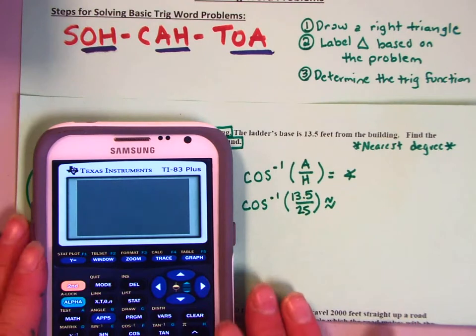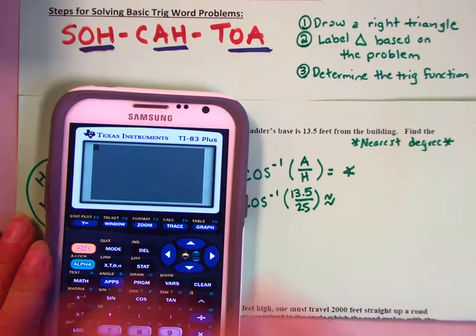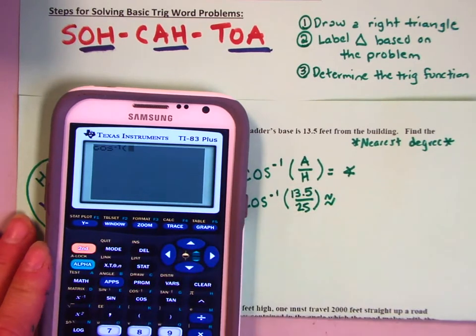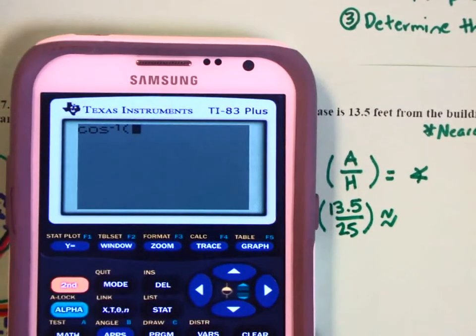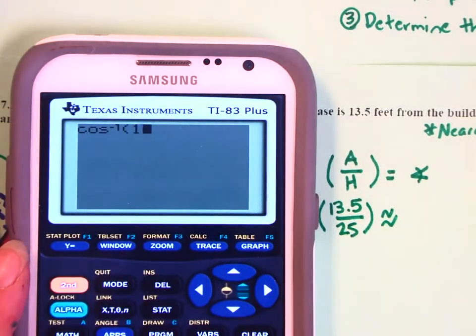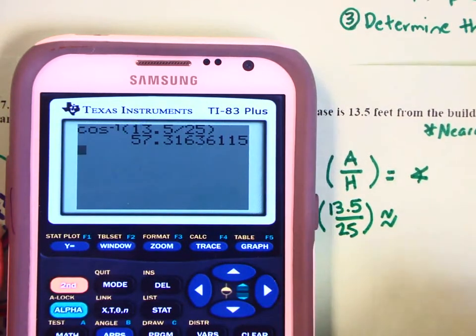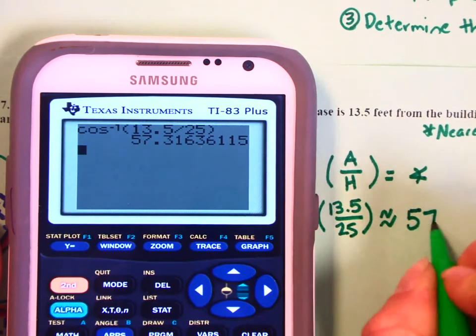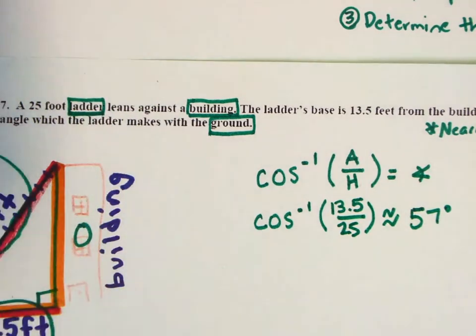Remember, on your calculator, you must use the inverse cosine. It must be the inverse cosine. We do 13.5 divided by 25. We get 57.3. 0.3 rounds down, so it's approximately 57 degrees.